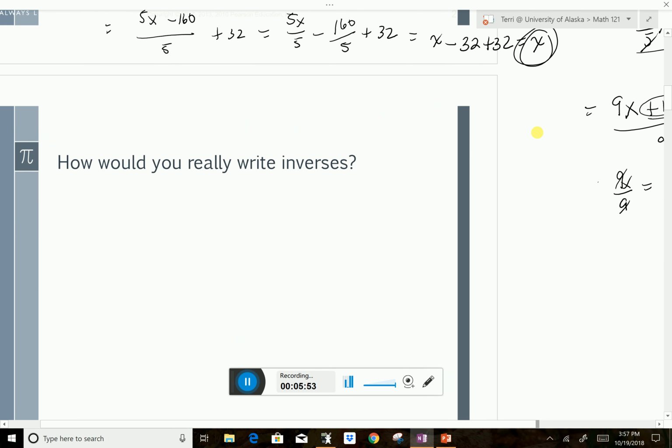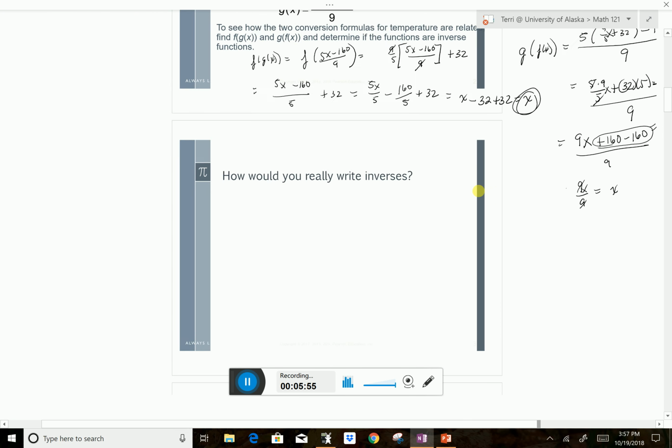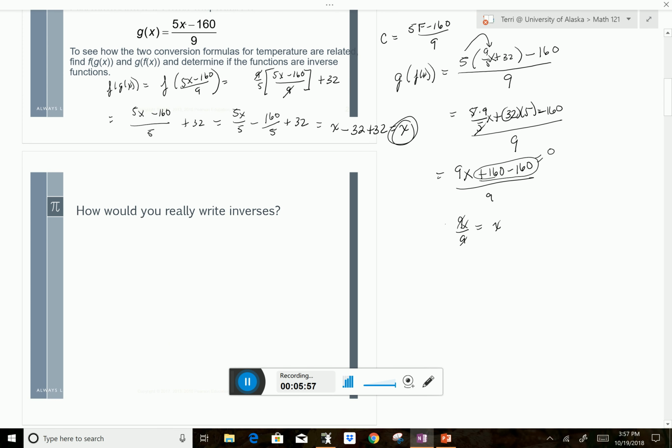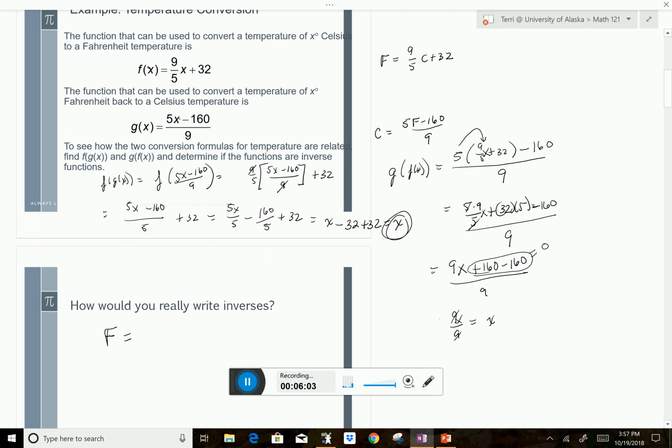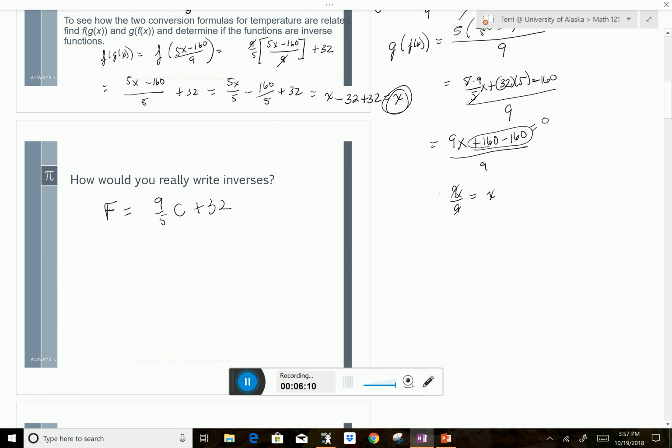So again, how I would really write these things isn't so much in terms of x. Normally, I would say I can find a Fahrenheit temperature by taking 9/5 of the Celsius temperature and adding 32. And I can find the Celsius temperature by taking 5 times Fahrenheit minus 160 over 9. Because if I were to rewrite these, I wouldn't write them both with x.